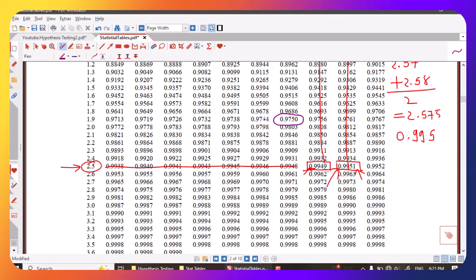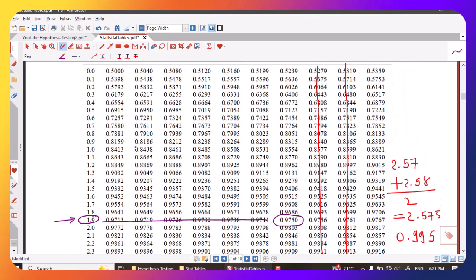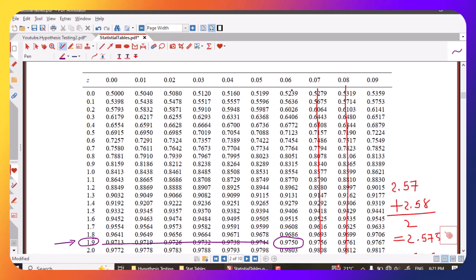So we are interested in the value of Z corresponding to that value 0.975. In this row we have 1.9, and the column corresponding to this value has 0.06. So we have to add 1.9 and 0.06. That will give us the value of Z corresponding to this area.